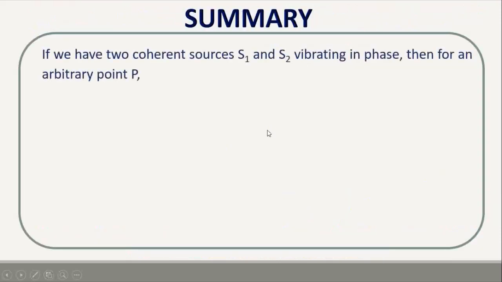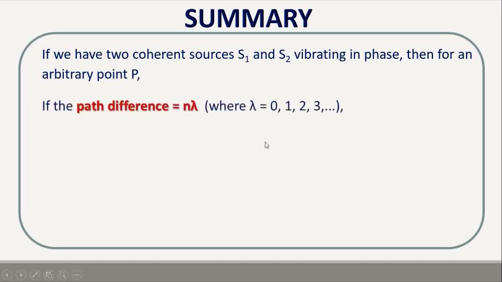Then the summary is very important. Suppose you have two coherent sources S1 and S2, and they are emitting light waves, and at one particular point P, if they are in phase, then if the path difference is equal to an integral multiple of lambda, n lambda, where n can take values 0, 1, 2, 3. If you put 0 here, path difference becomes 0.